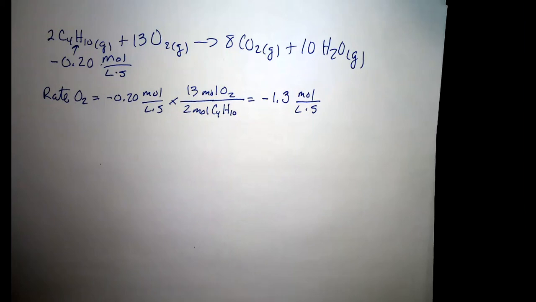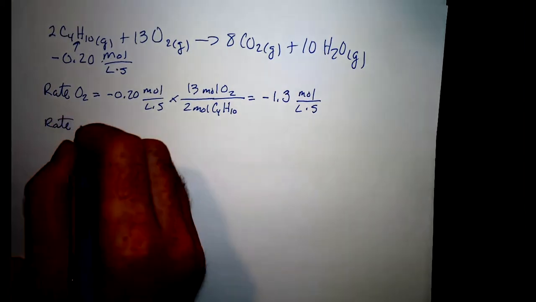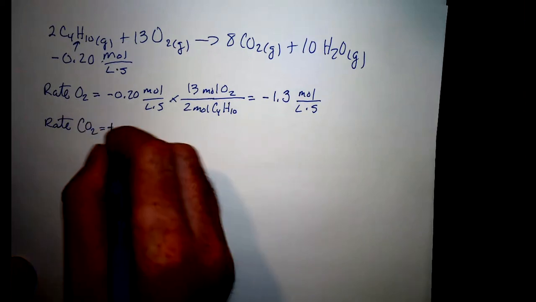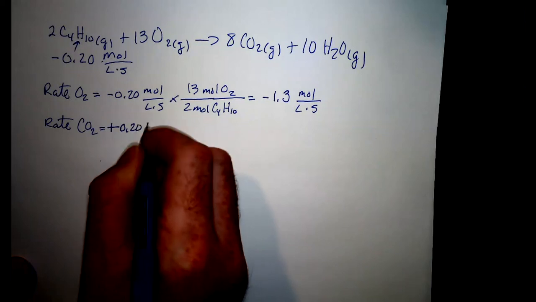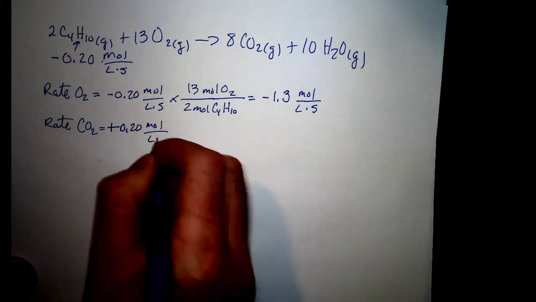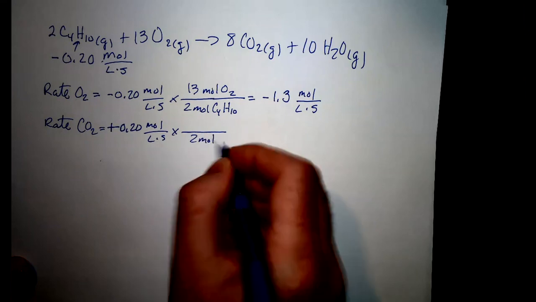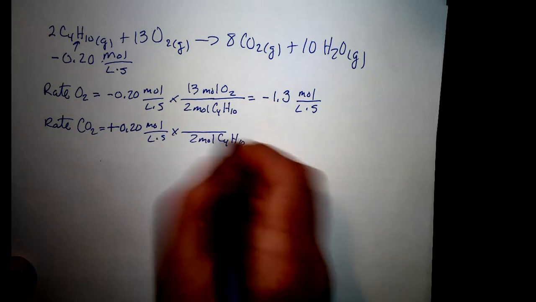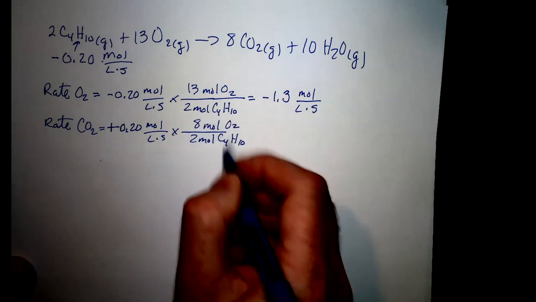Now we want to get it for each product. The rate for the CO2 now, you're going to flip the sign because it's a product. 0.20 moles per liter per second, 2 moles C4H10 to 8 moles of CO2.